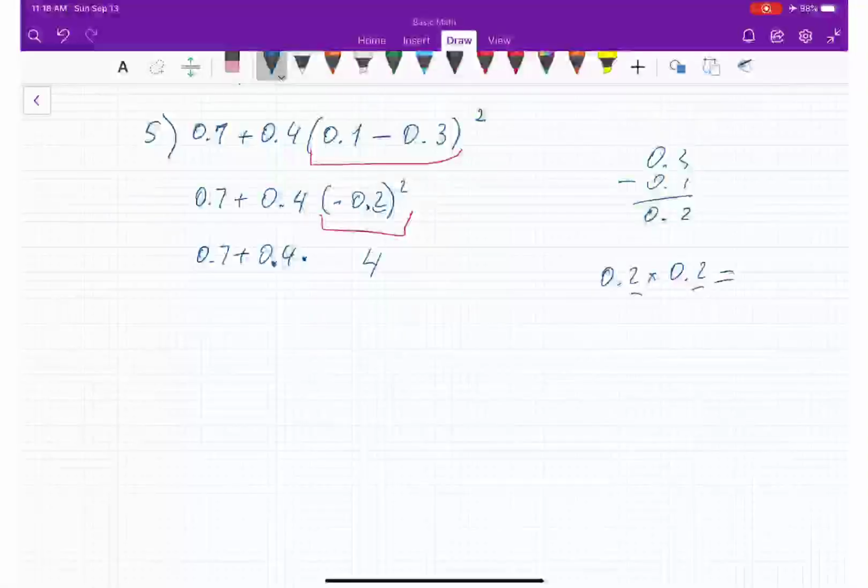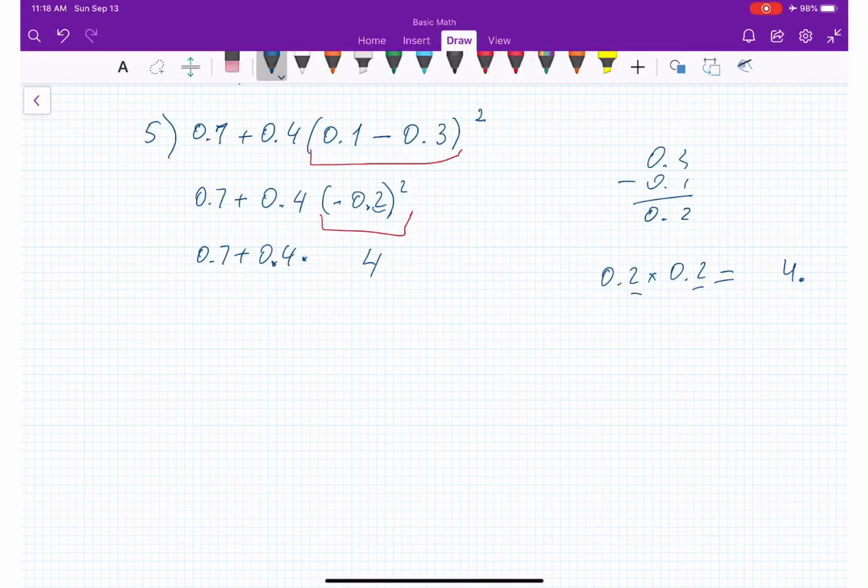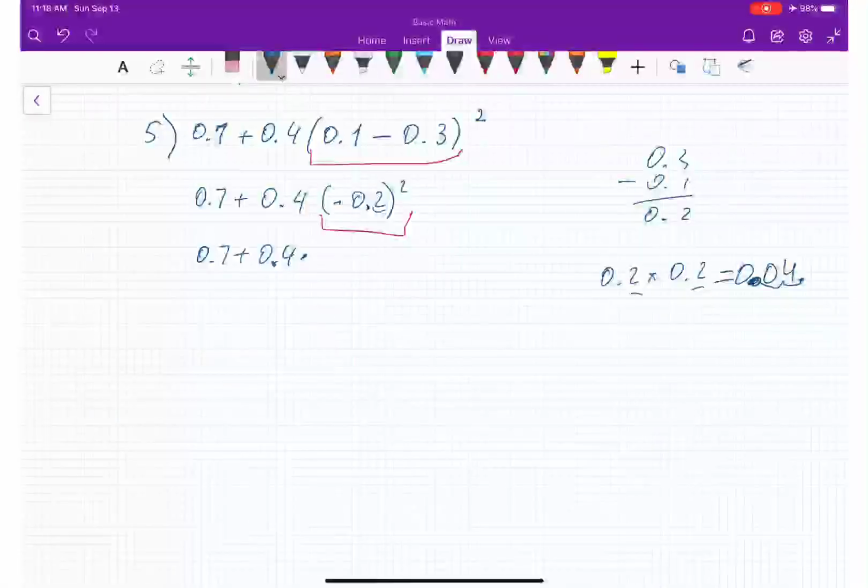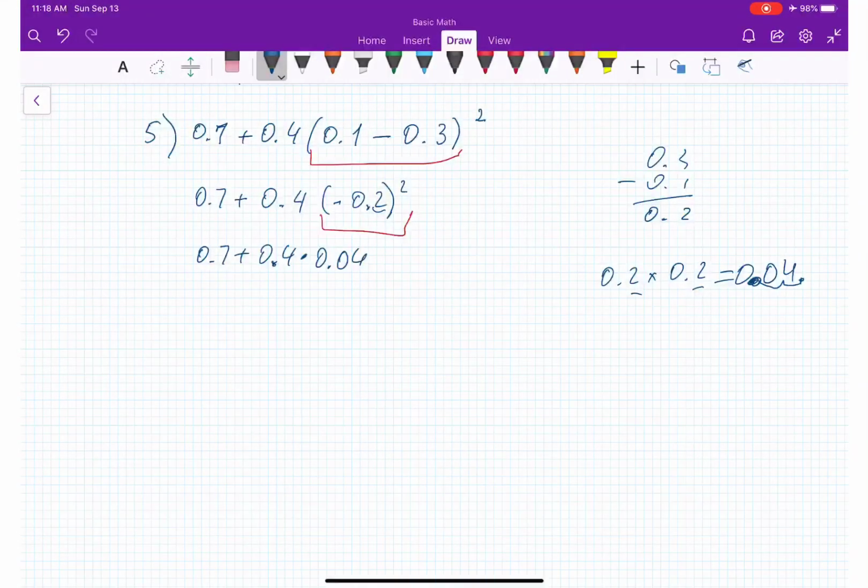So this is 4, it's a whole number, and coming back 2 decimals, 1 and 2. So there we go, 0.04. Okay, let me write here, times 0.04. This negative sign is gone because I'm squaring, therefore it's even, so it becomes positive.